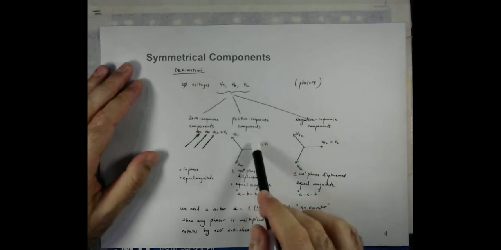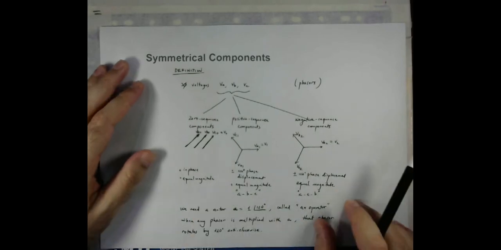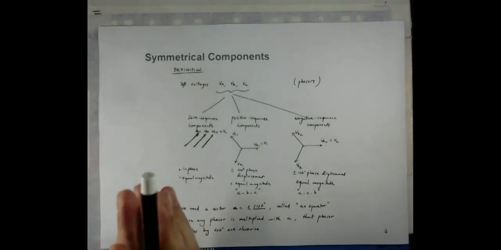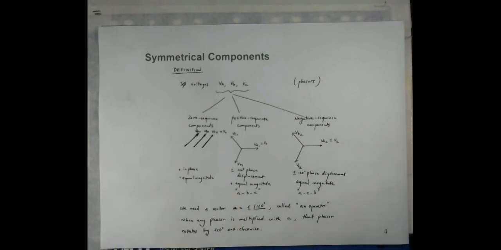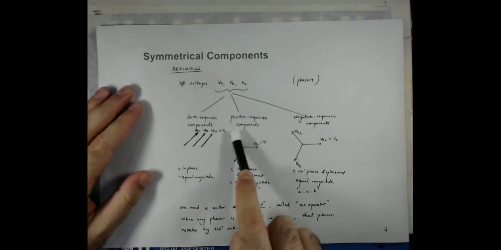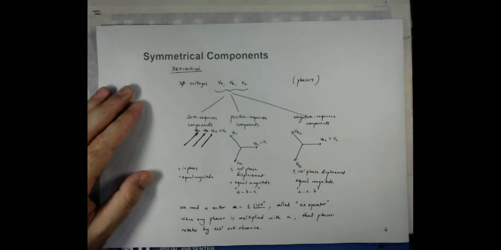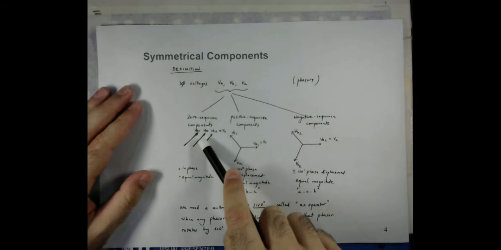We are all very well familiar with the positive sequence. Once again, in each sequence, the magnitudes of the quantities are the same, although they could be different than the magnitudes of the quantities in the other sequence. So in the zero sequence, the magnitudes of the quantities are the same and they are in phase.